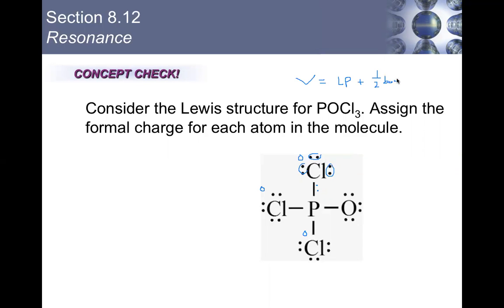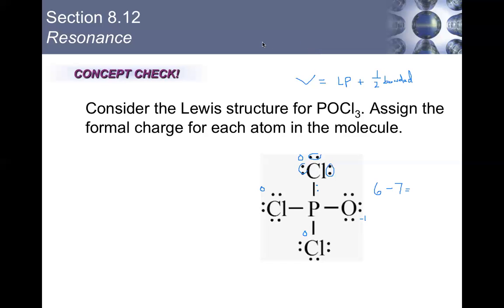What is the normal valence for oxygen? 6. 6 minus 2, 4, 6, plus one of these bonded, so 7. 6 minus 7 is -1. So the formal charge on the oxygen is -1.